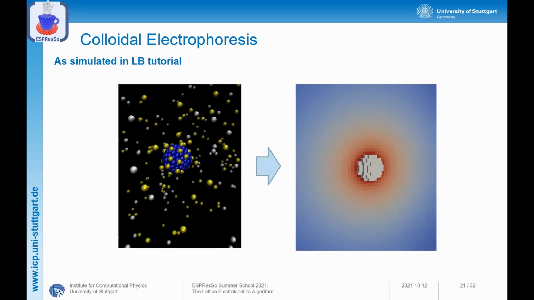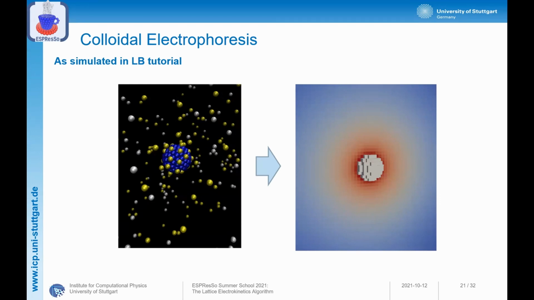Well, so you can get for such a system the solution of the density profile in a matter of seconds. So you see that the density of the anions, the counter ions, accumulates around the colloidal particle, which is in this case represented by a non-moving boundary, and far away the density is almost zero.